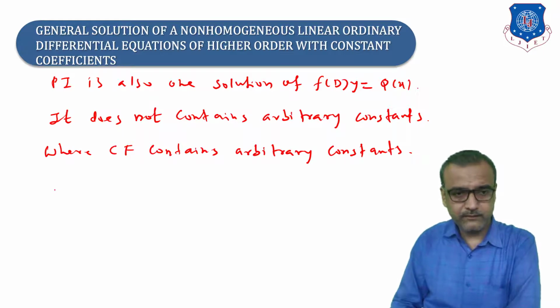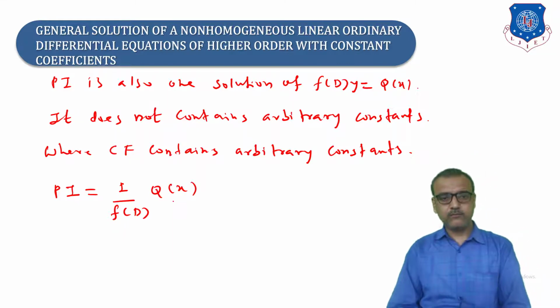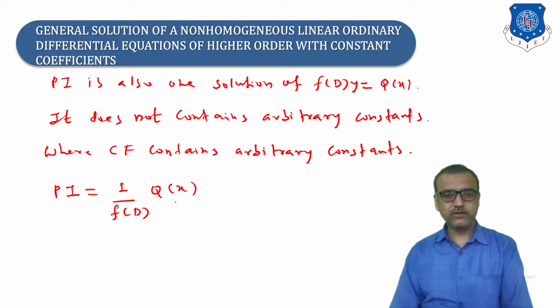Now PI is given by this formula: PI equals 1 upon f of D times Q of x. Now, based on Q of x, we have different cases to evaluate PI.